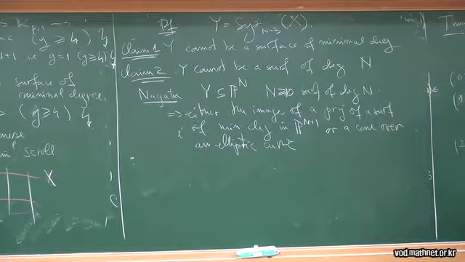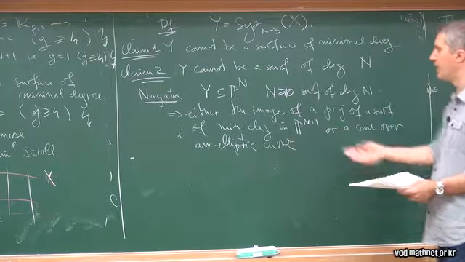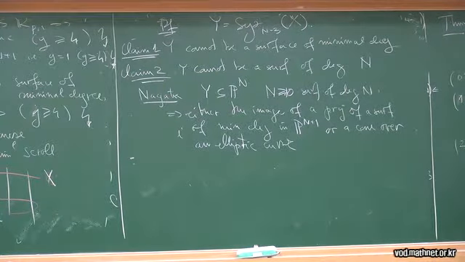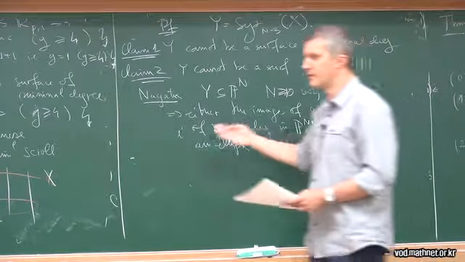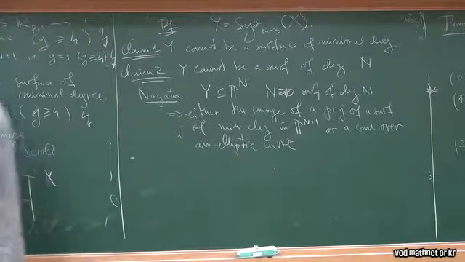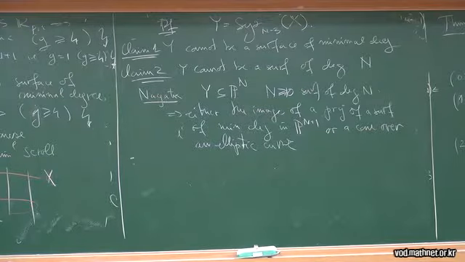So this cannot be a projection because X was considered to be linearly normal. So if it was contained in an outer projection, then that would prevent it from being linearly normal.